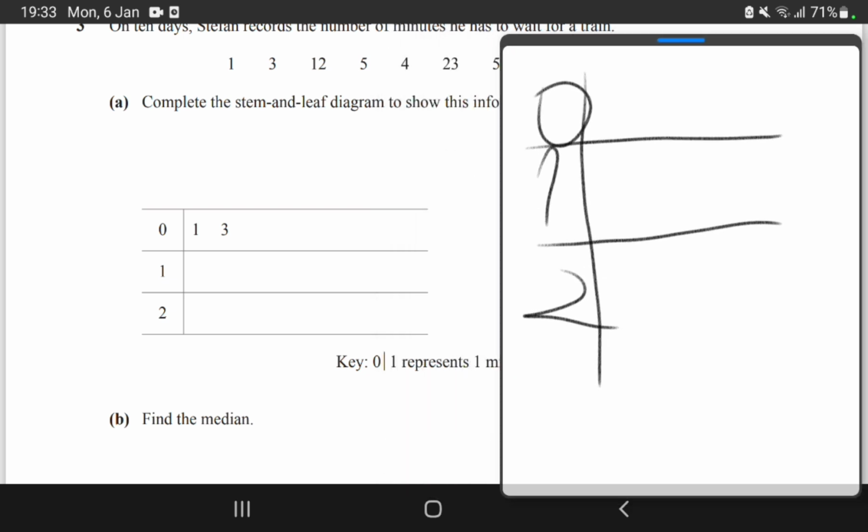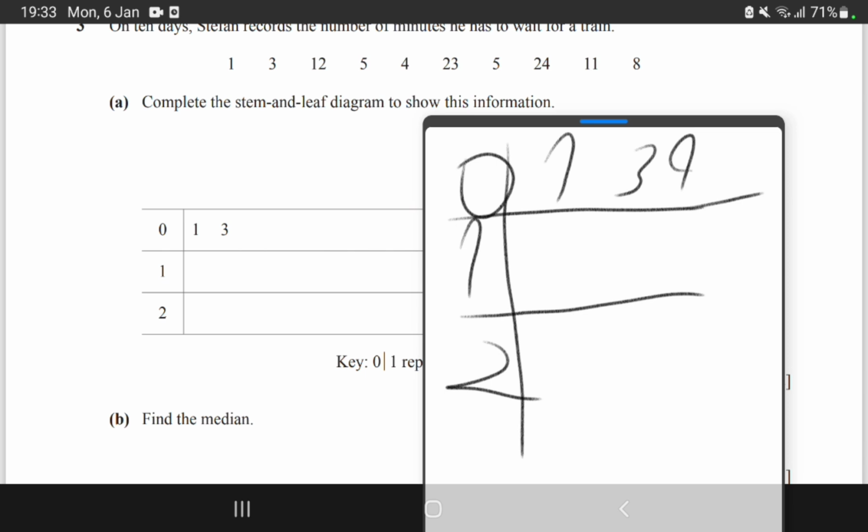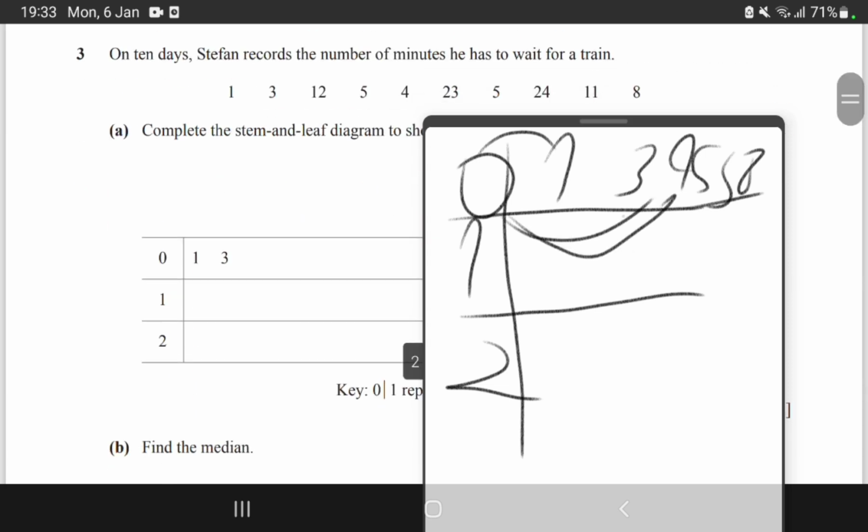For 0 we have 1, 3, 4, 5 twice, and 8. So here as we see we have 1, and we have 0, 1. Then 3, 4, 5, etc.